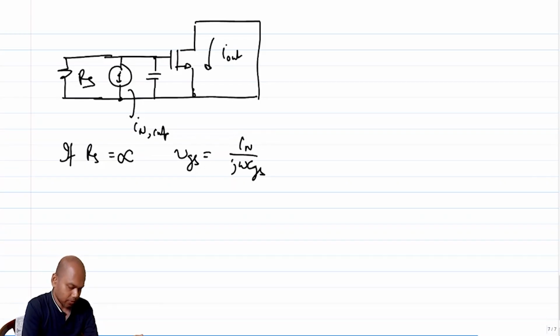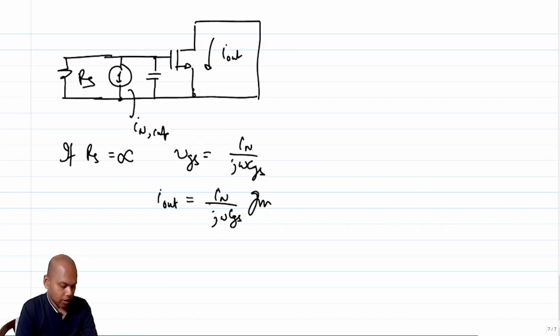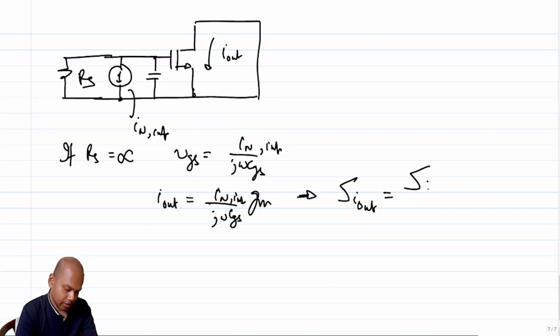So I out is then IN by j omega CGS times gm. Which means that SI out is SN input referred by omega square CGS squared times gm squared.